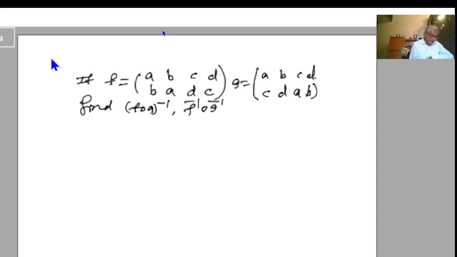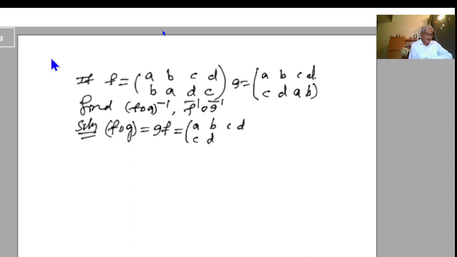So first I will find out F composition G. F composition G is nothing but GF. G is A, B, C, D over C, D, A, B, into F. What is F here?